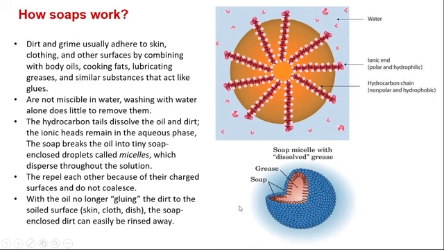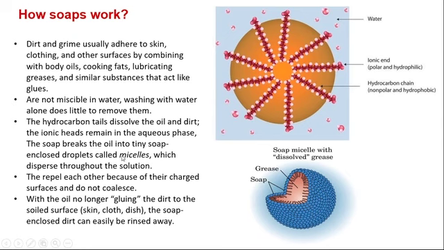Now when you add soap to any dirt which contains this grime, the hydrocarbon tails, that is the long tails of the soap, they dissolve the oil and the dirt, and the ionic heads, that is the carboxyl heads, remain in the aqueous phase.